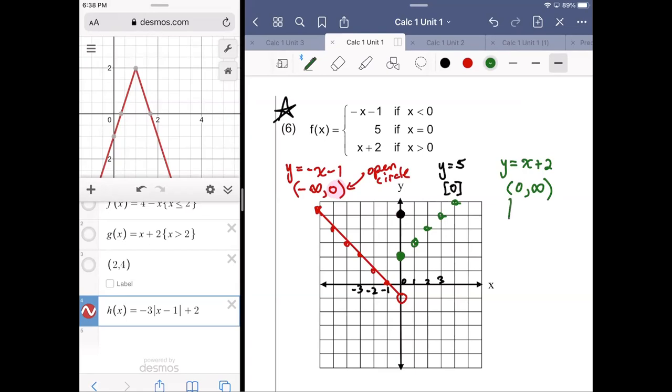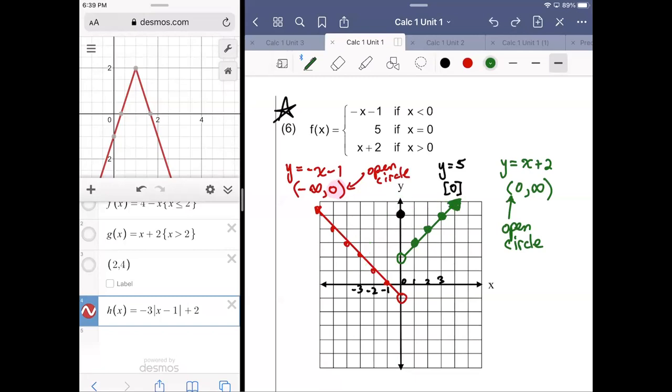However, because it's parentheses greater than, we're looking at an open circle. So at 0, I'm going to replace that with an open circle and draw a nice line segment with an arrow at the end, a ray if you're being technical. And so that would be my piecewise graph, each one of these 3 pieces. So this one, and this one.